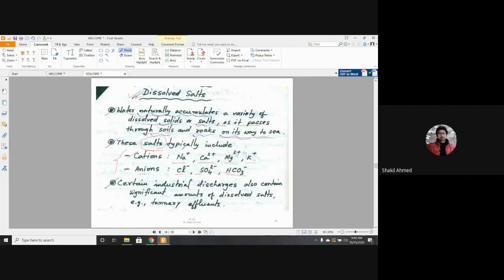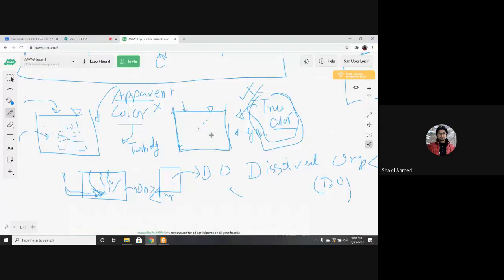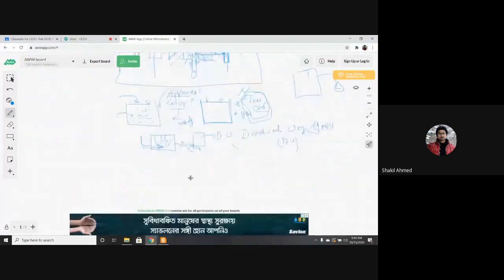Look at this. This is a solid: sodium solid, calcium, magnesium solid, potassium. So we call it dissolved. How do you measure this salt? We measure this salt using these solids, and they are dissolved in water.